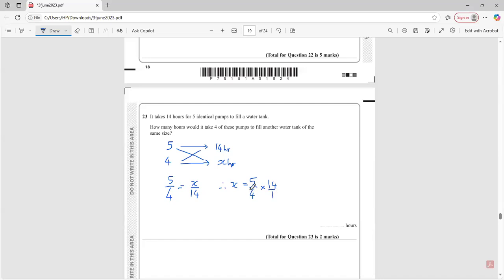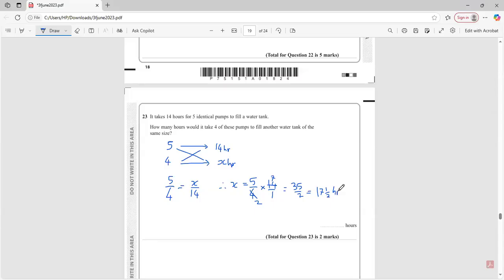Maybe I should just do 2 in 4 is 2, and 2 in 14 is 7, so we have 5 times 7, 35 over 2, which is 17.5 hours.